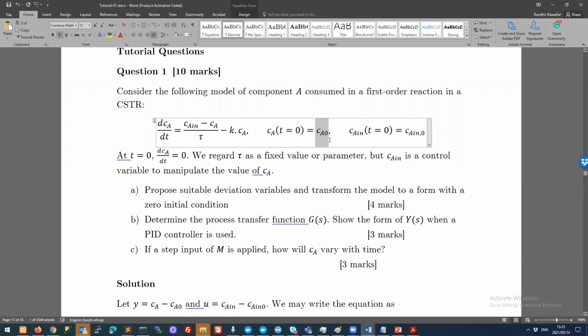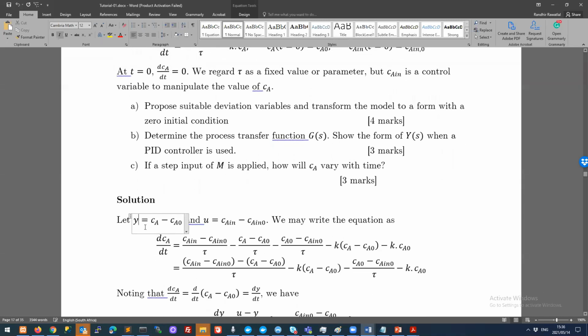So CA naught is the initial value of the concentration in the reactor, but it's also a steady state that was initially there. So you need to state that up front. So you've got an initial steady state, and y is defined as the departure away from that initial steady state. There may be other steady states, but we are defining y in terms of that initial steady state.